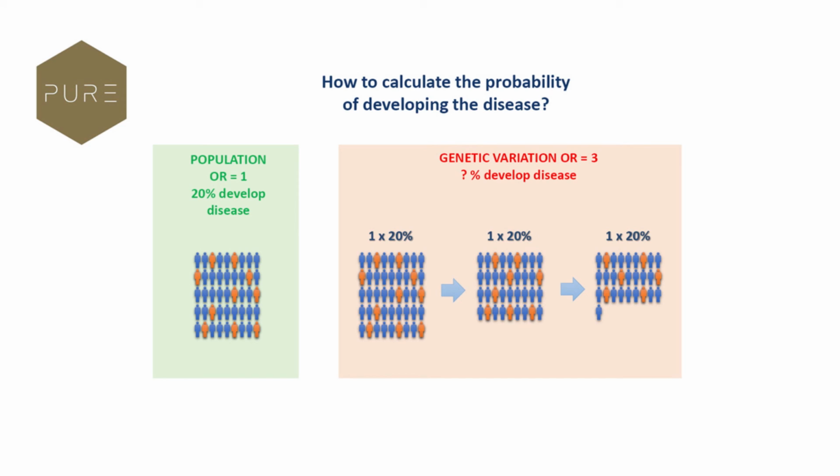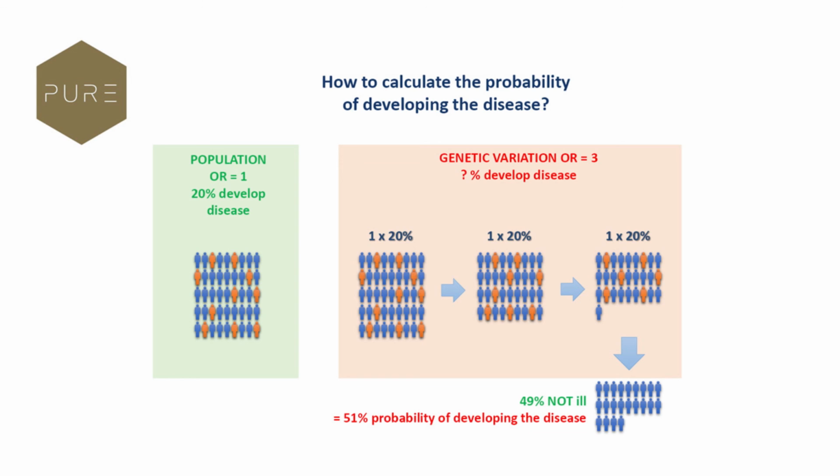So you applied the odds ratio 3 times in succession, and then you get a certain number of people who manage to get through all 3 of these selection cycles. And then you see that there are 49% that did not develop the disease. So there's a 51% probability of developing the disease when you have an odds ratio of 3, while the population risk is 20%. So it's not as easy as multiplying likelihood of disease with the odds ratio. It's a bit more complicated.